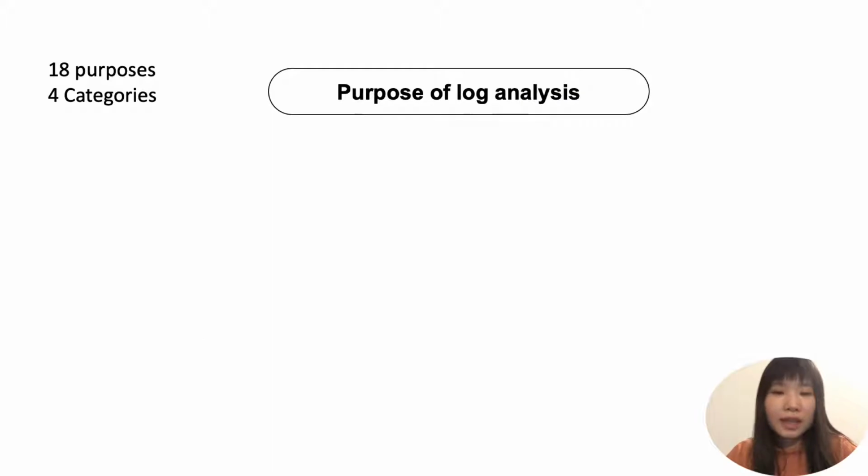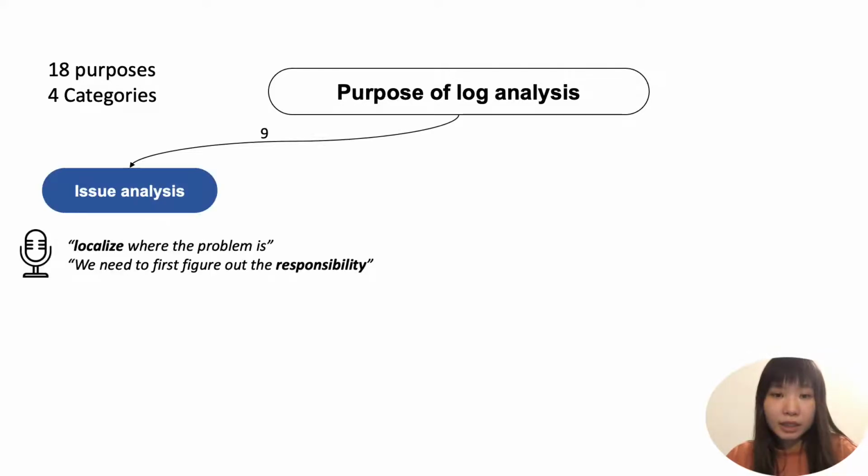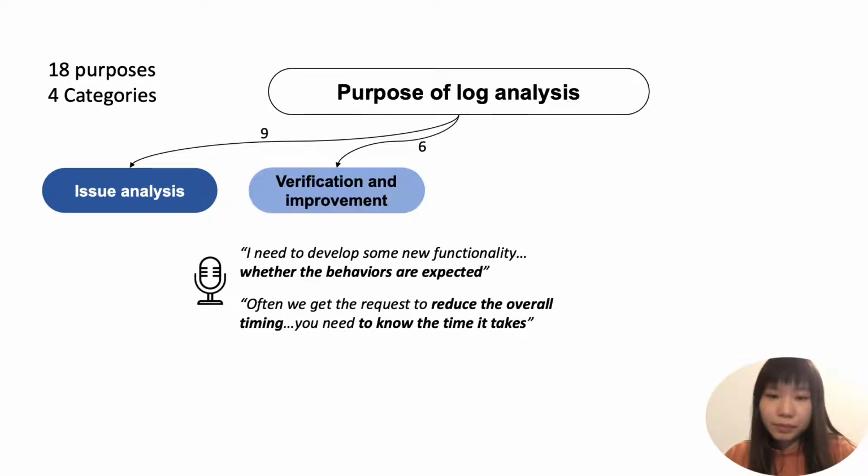In total, we identified 18 purposes, and we then further grouped them into 4 categories. 9 of these purposes are related to issue analysis. When an issue is found by testing or at the customer side, developers need to, for example, localize the problems and figure out who needs to fix the issues. 6 purposes are related to verification and improvement.